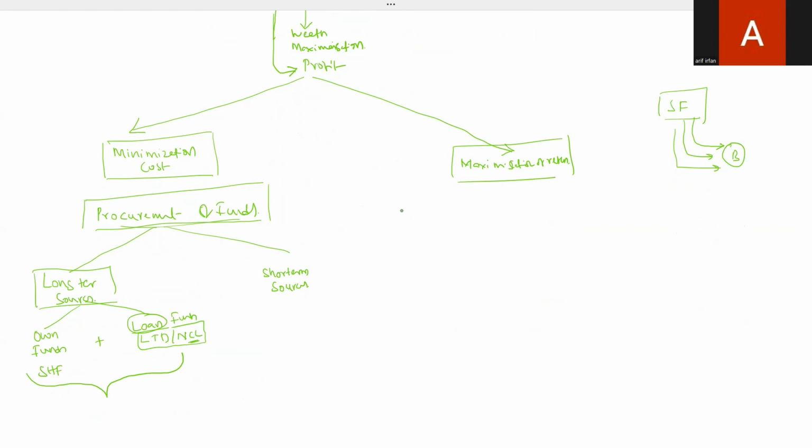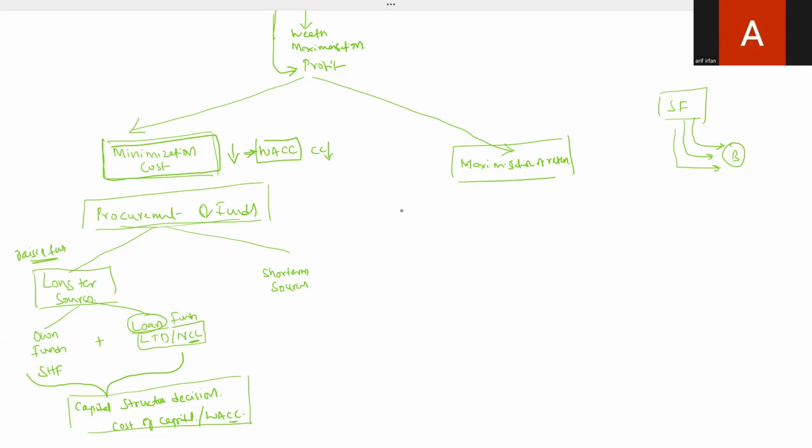And the decision we take about these own funds and loan funds is the capital structure decision. We can say it as cost of capital or weighted average cost of capital. This is also part of corporate finance.